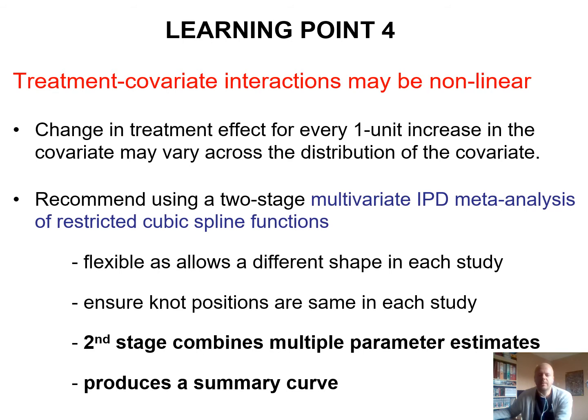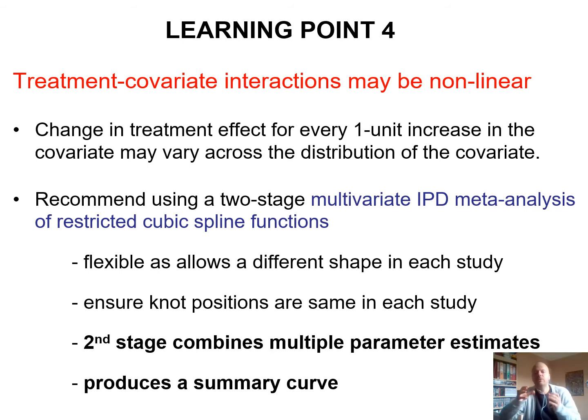So that means that instead of just assuming there is a linear relationship, so that the treatment effect is changing at the same rate as we move across the continuous covariate, no matter where we move, actually it means that in some ranges there may be more granular or slower changes in the treatment effect than in other ranges.